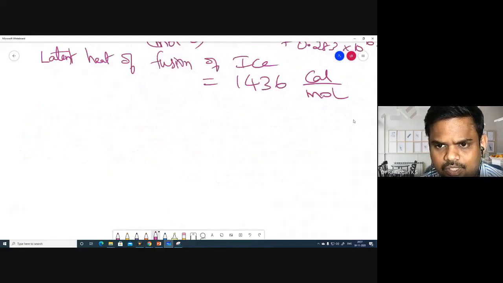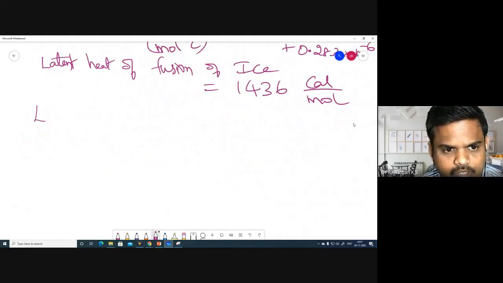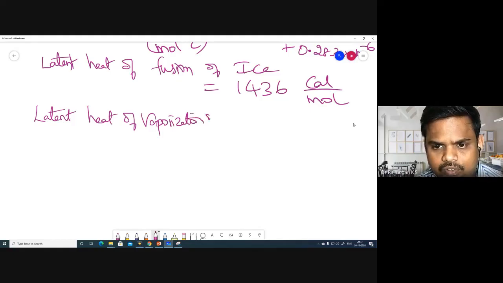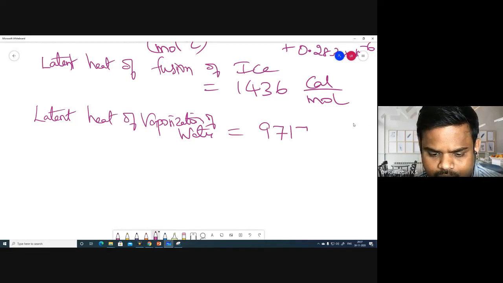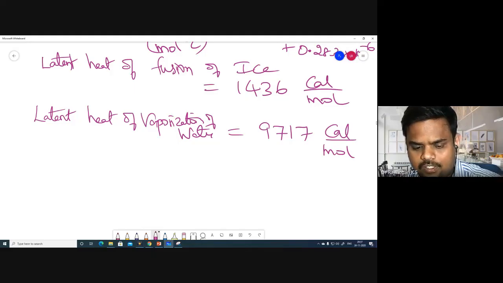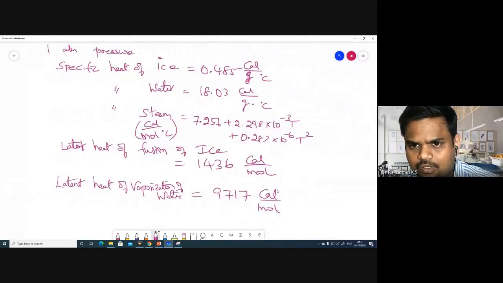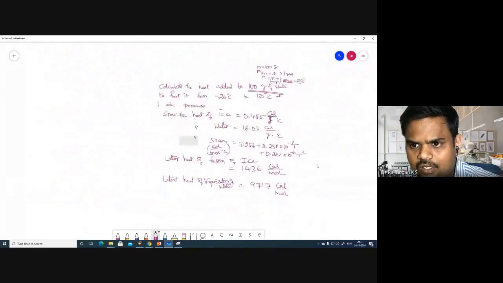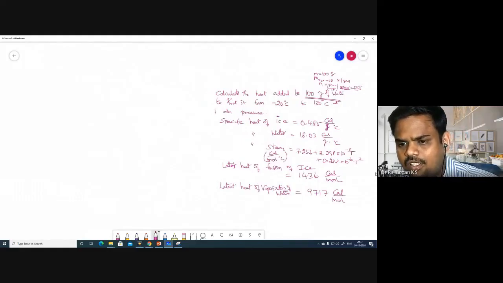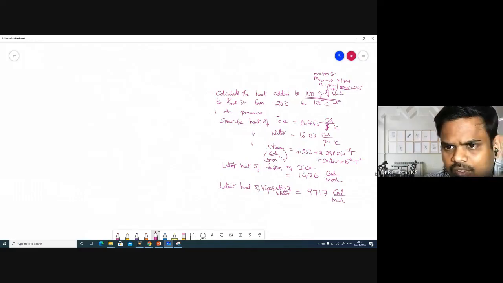Similarly, latent heat of vaporization of water is equal to 9717 calories per mole. So all data is given, we only have to substitute. We have to determine the 3 sensible heats and 2 latent heats. Summing them will give us the total heat to be added.